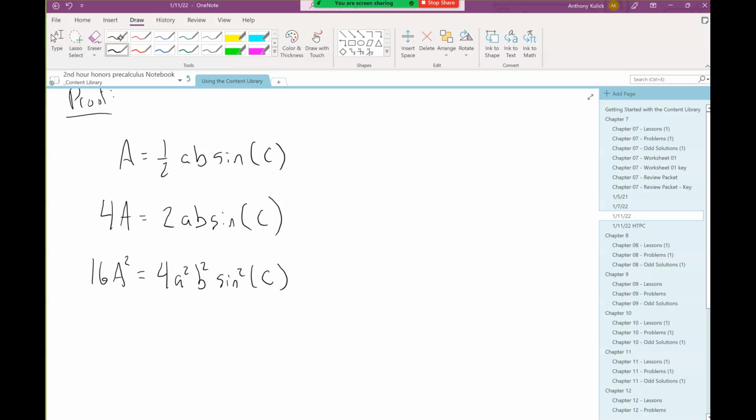Okay. So the next thing that I'm going to do, sine squared. That we know a trig identity for. Sine squared is the same as 1 minus cosine squared. Everybody agree with that? So that's what I'm going to do next.